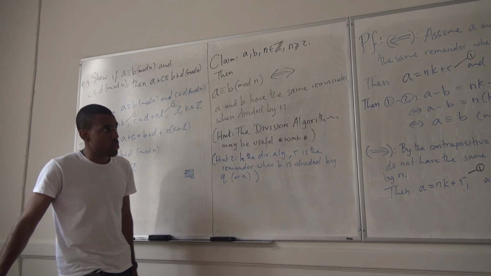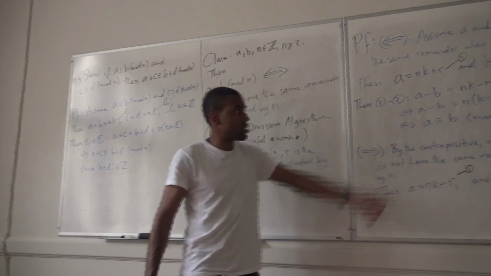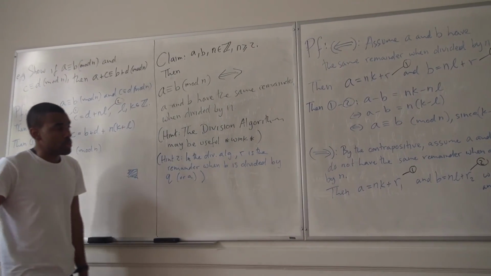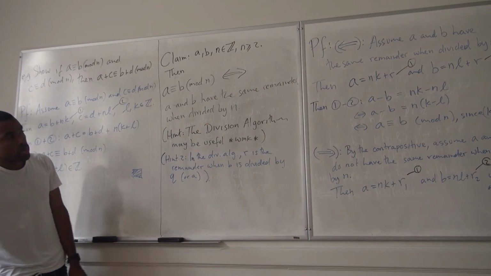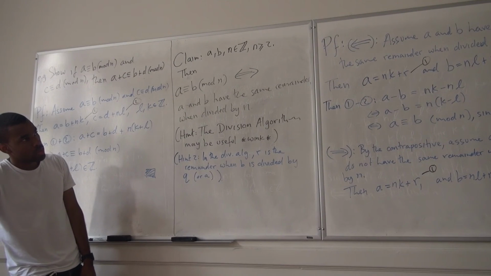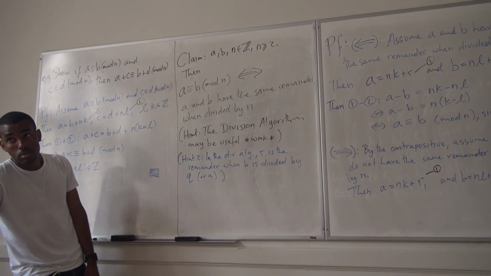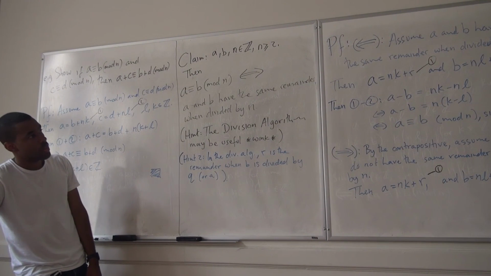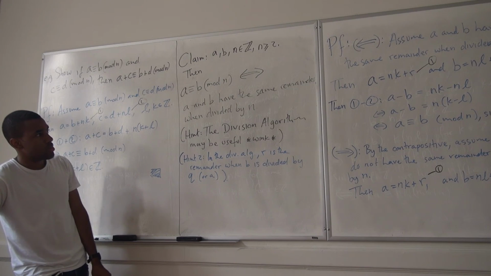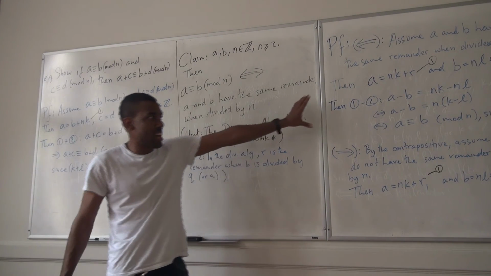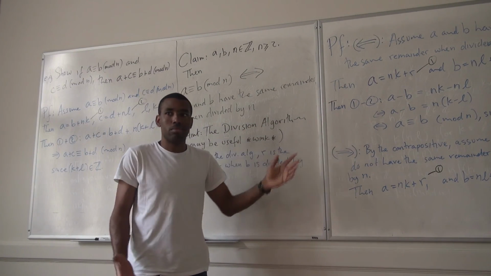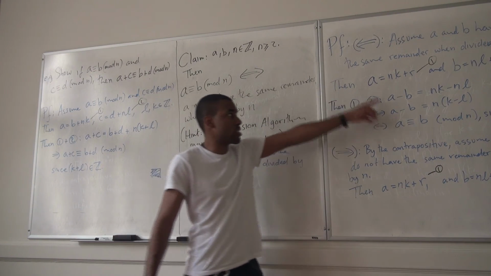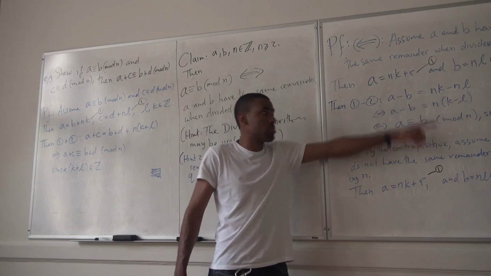Well, that is sort of what we said. We did take a difference. You'd have to argue that though. I mean, this is exactly that argument sort of written down. I just took their difference and showed that it's divisible.